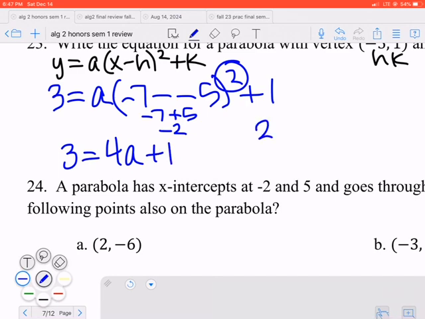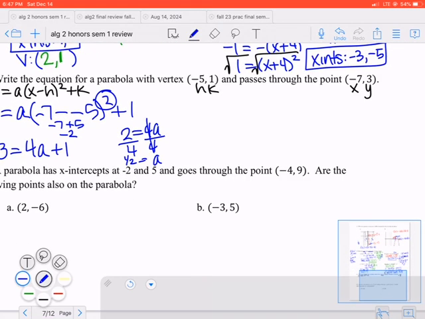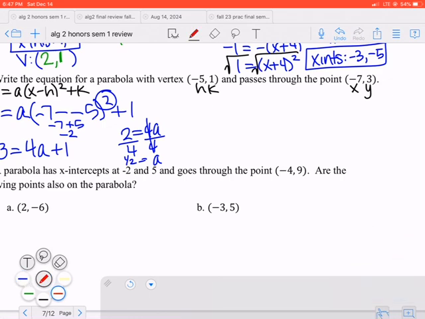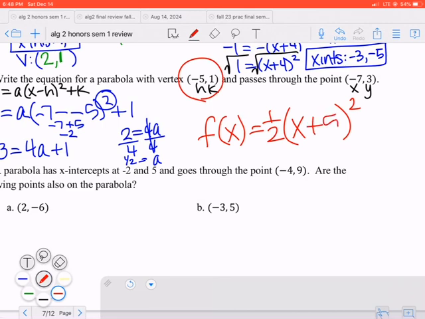Minus the 1, 2 equals 4a, divide by 4, so a is 2/4 or 1/2. So now I can write its equation now that I know what a is. 1/2 times, I'm using our vertex, (x plus 5) squared plus 1.